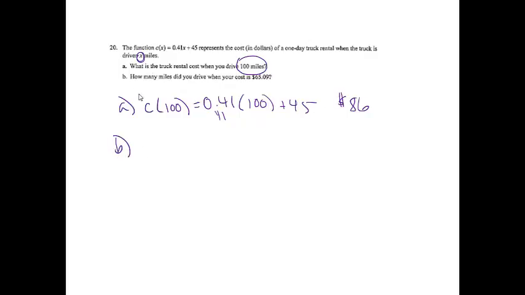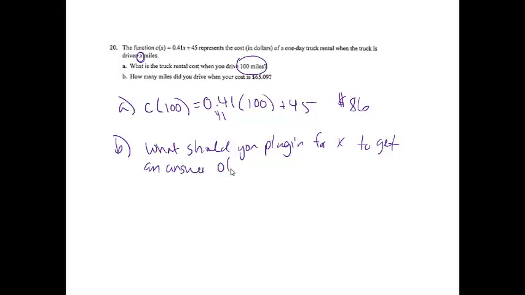Right. B, how many miles did you drive when your cost is $65.09? So this time they're asking for what should you plug in for x to get an answer of $65.09.